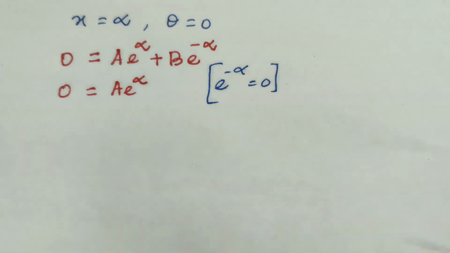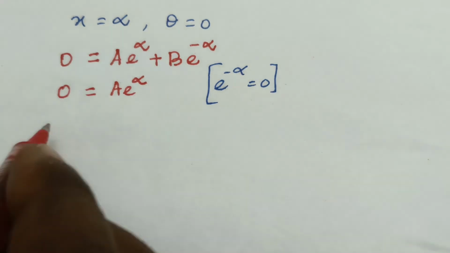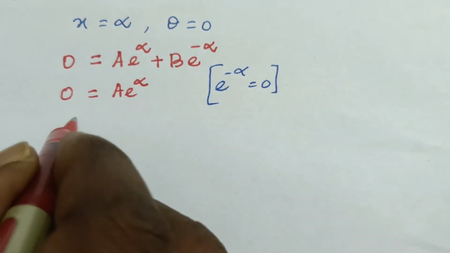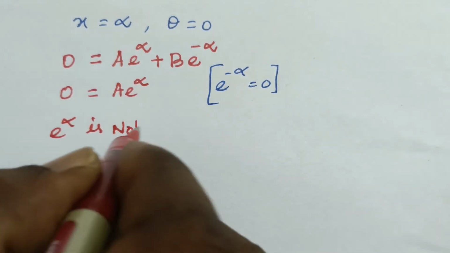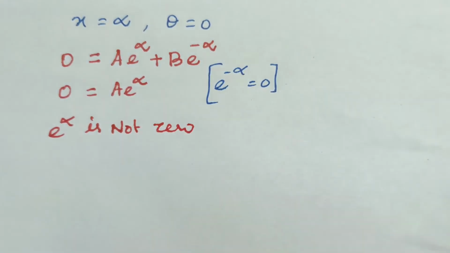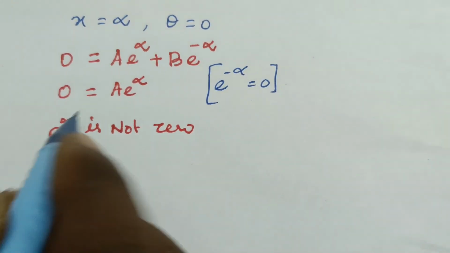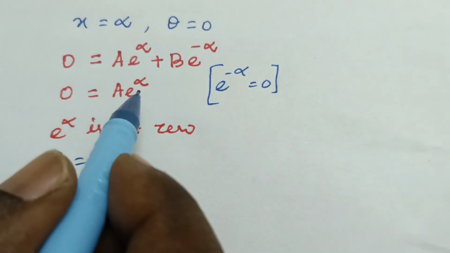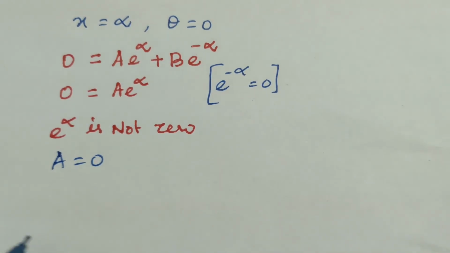Then e power infinity cannot be 0. அப்படின்னு எடுத்துக்கிட்டா a should be 0. e power infinity 0 இல்லை அப்படின்னா whether it is 1 இருக்கலாம், 2 இருக்கலாம், 3 இருக்கலாம், whatever it may be, so a is equal to 0.